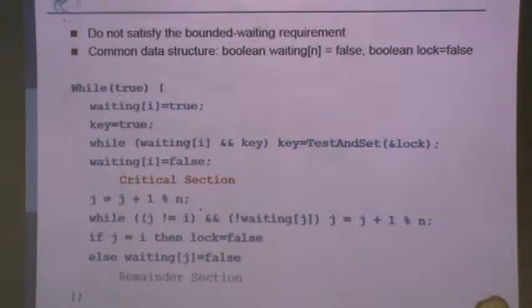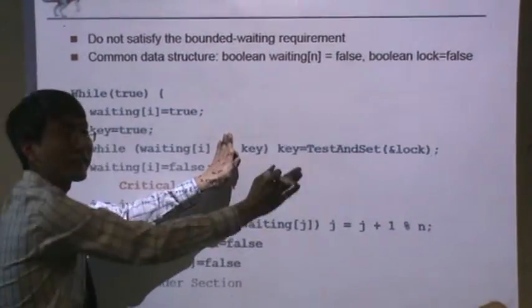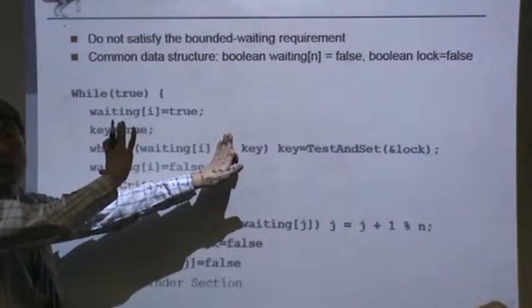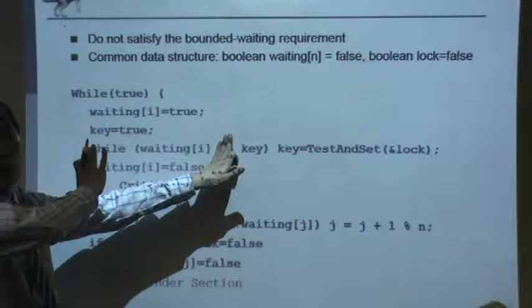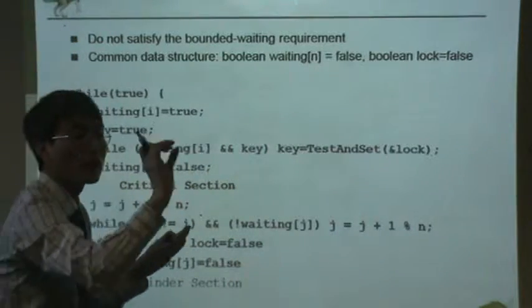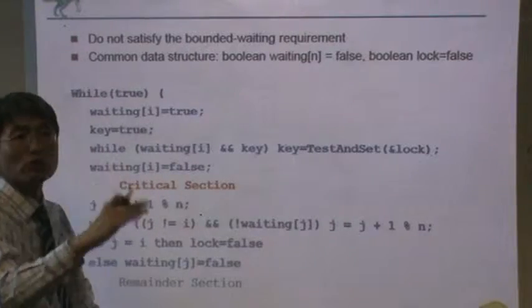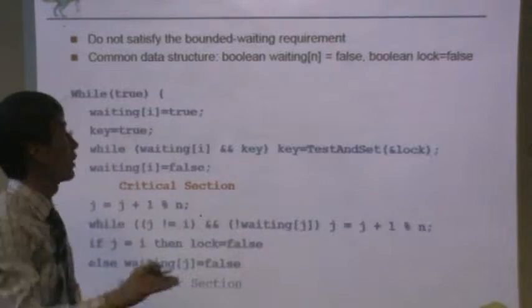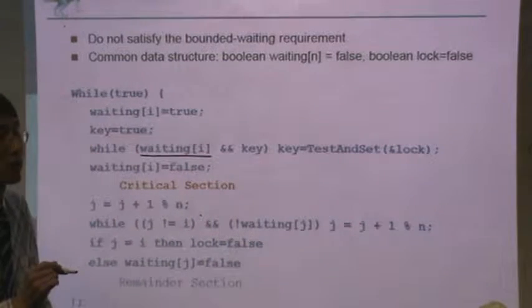If you consider key alone, that is the same as swap or test and set, the previous algorithm. Because it only considers whether this process can enter, we cannot guarantee bounded waiting. So that is the reason we have another option, waiting.